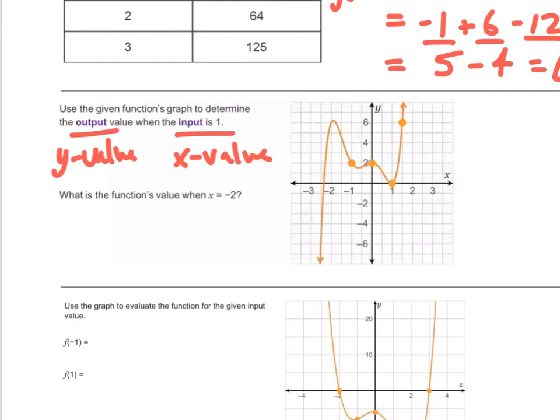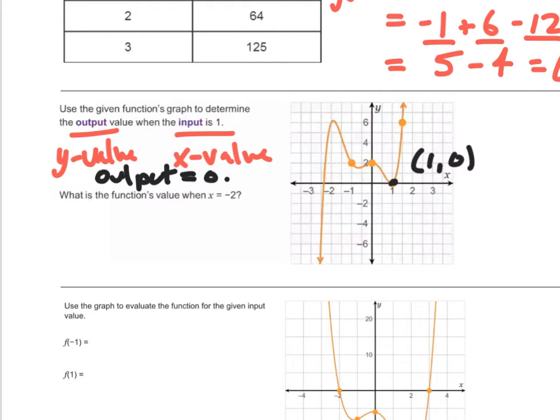When I look over here at my function, I have this point here, and that's the point 1, comma 0. So the output value equals 0. The y value of this point here is 0.